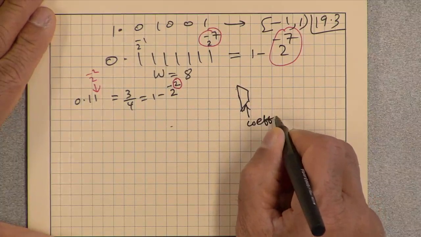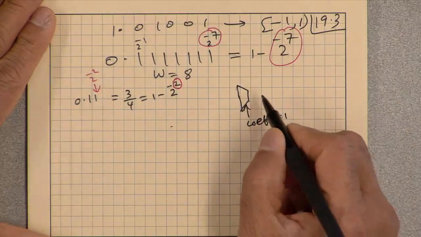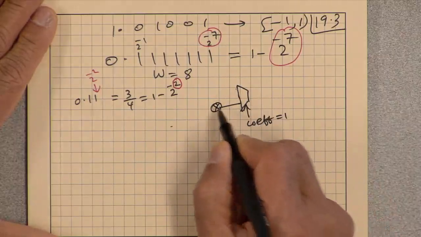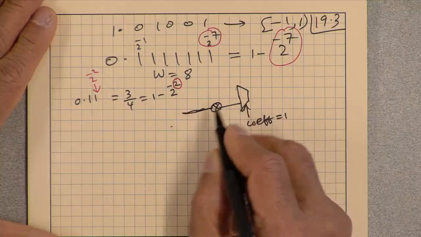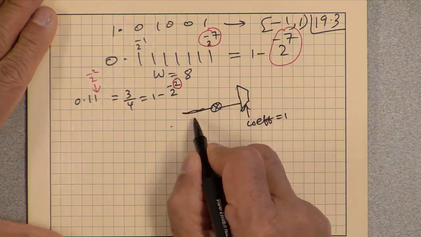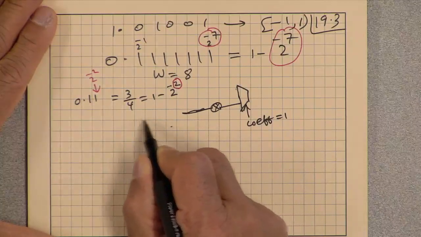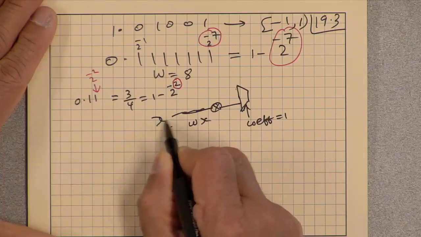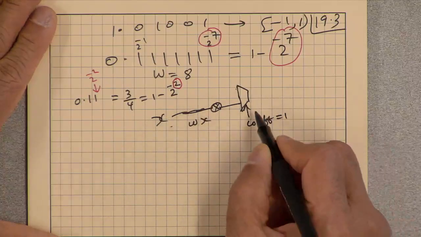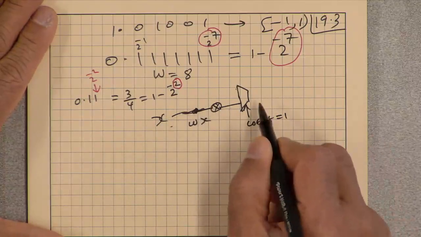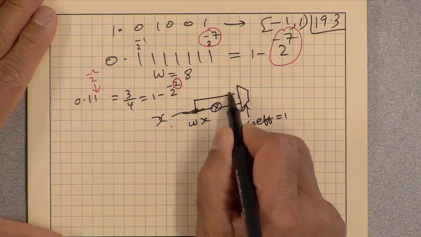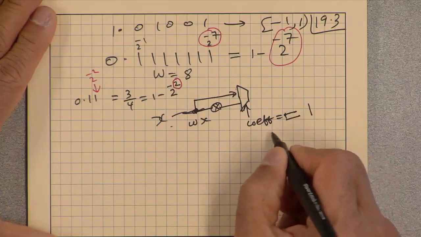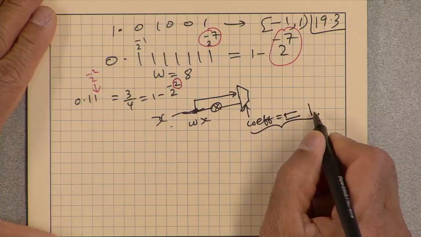If we were computing W times X, and the coefficient is 1, that's a logical signal.